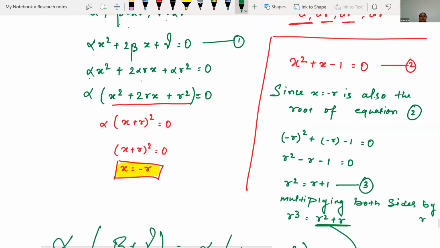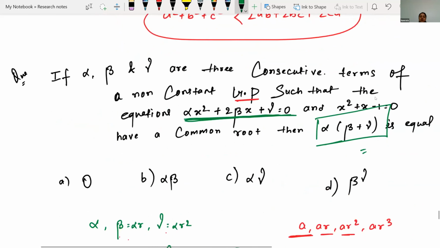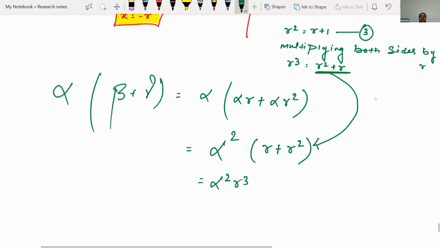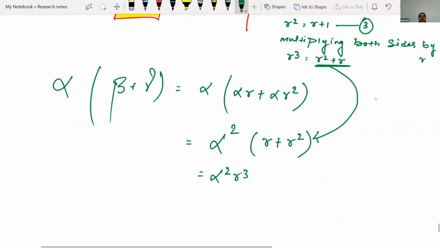Why did we do so? Because see the options: alpha, beta, gamma. So that's why we are trying to remove that plus and minus from there. We already have in hand that there are 3 roots: alpha, alpha r, and alpha r square.